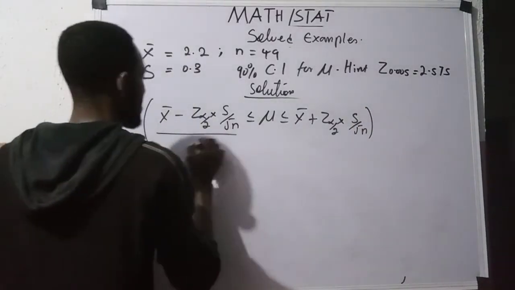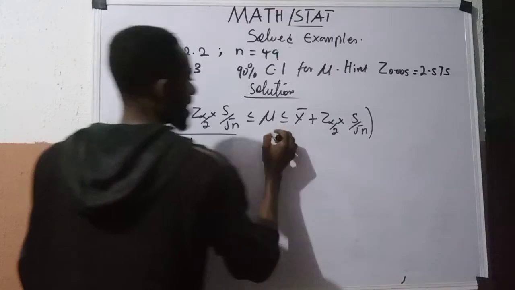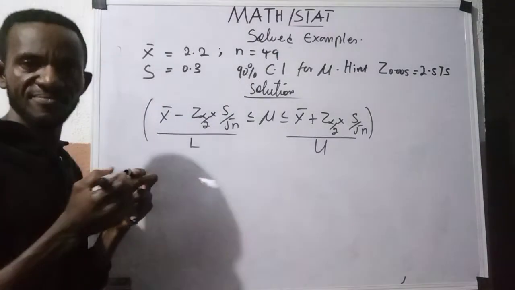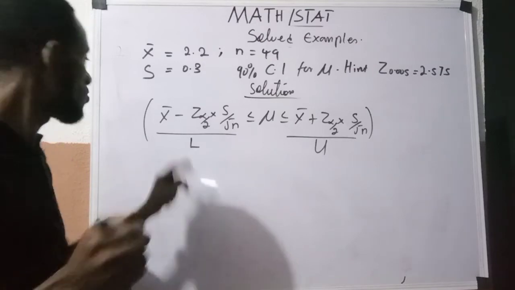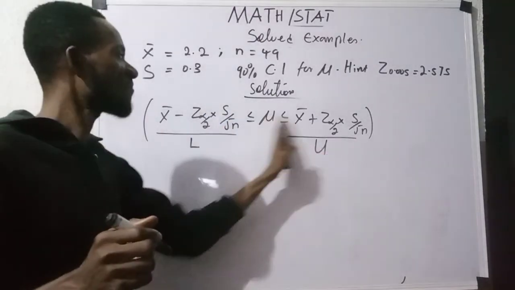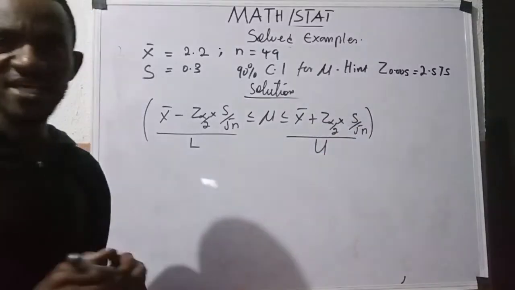From here to here is called your L, and from here to here is called your U. Remember, the lower confidence limit from here to here, the upper confidence limit from here to here.